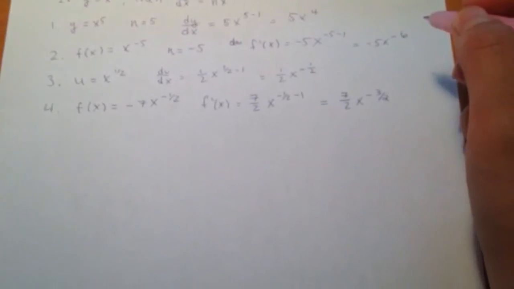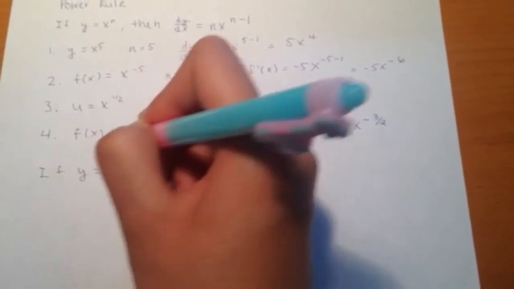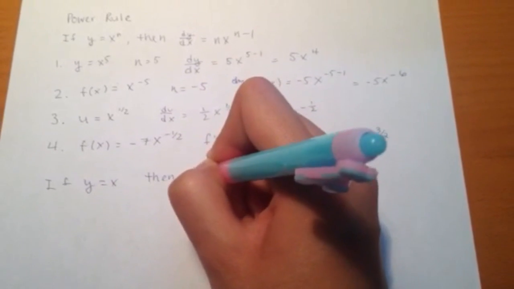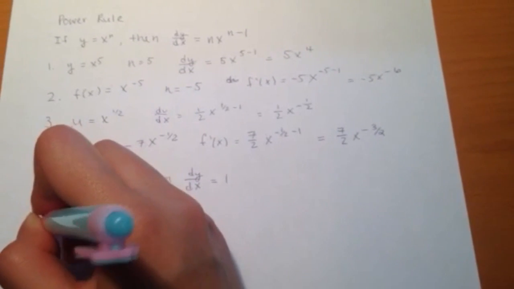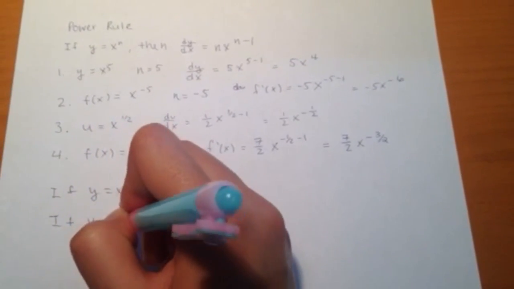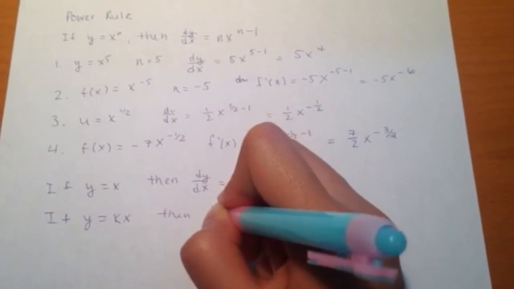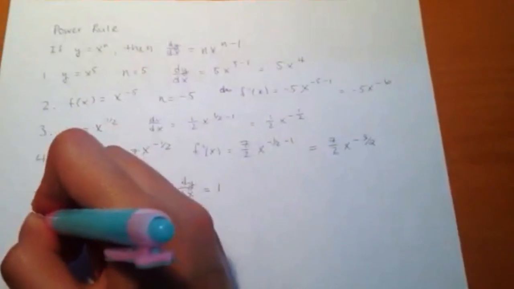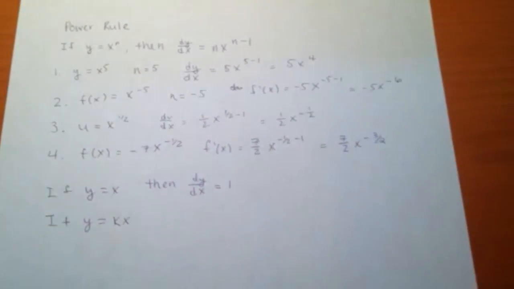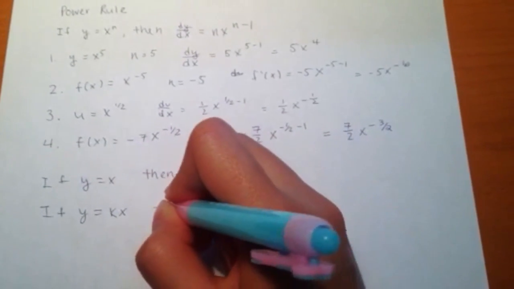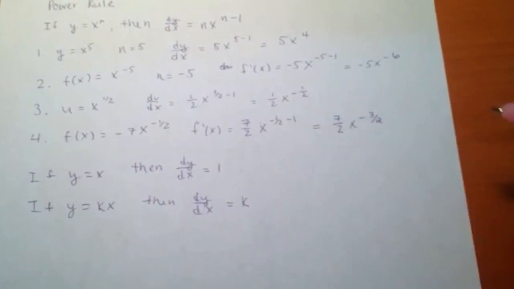Some other things to keep in mind: if y equals x, then dy/dx is simply 1. If y equals kx, where k is a constant, then dy/dx is simply k.